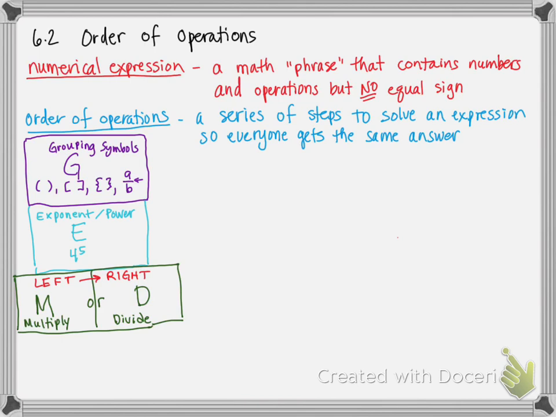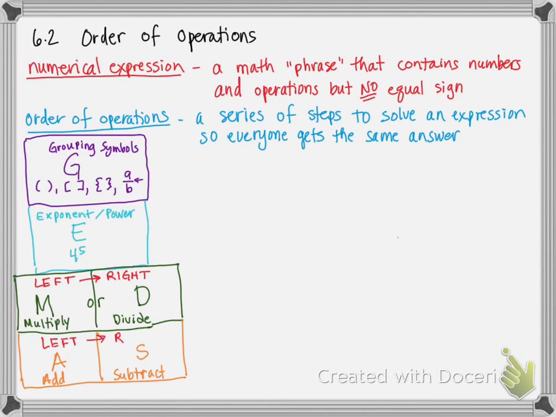Okay? Now, what do you think the last thing is? Yep, the last two operations, that A and that S. A means to add, and S means to subtract. And again, as you go from left to right.